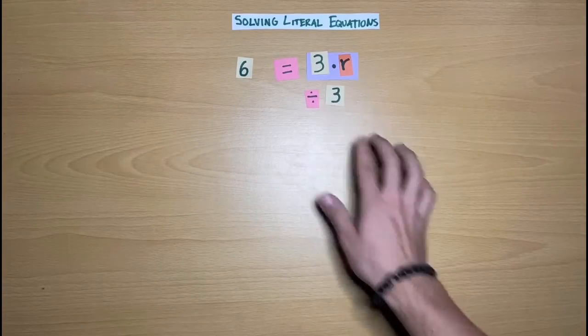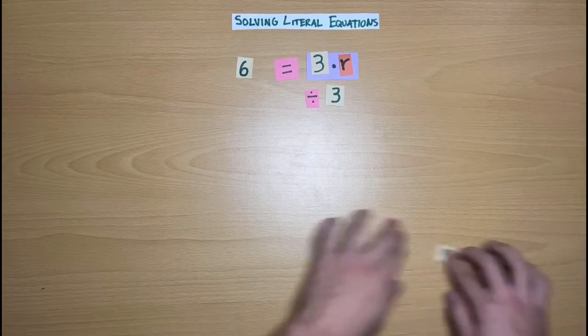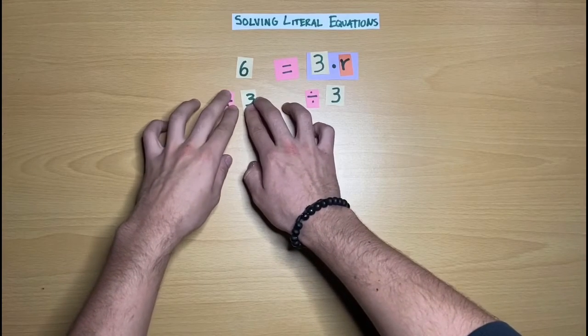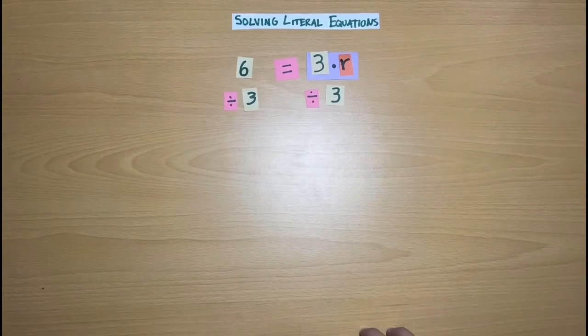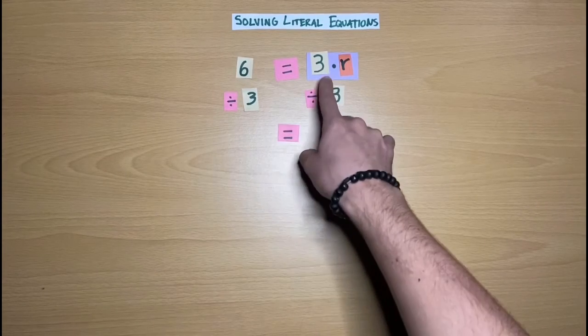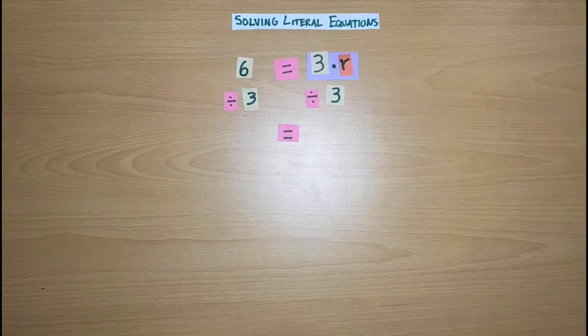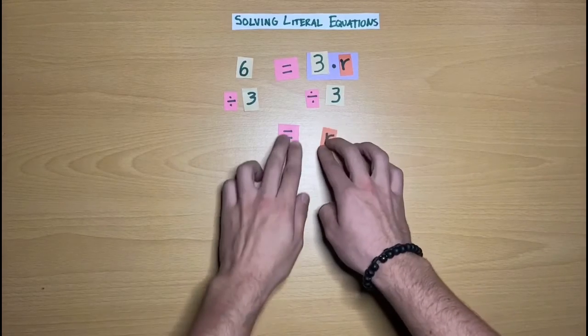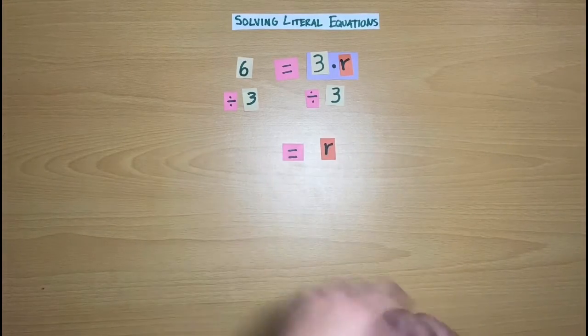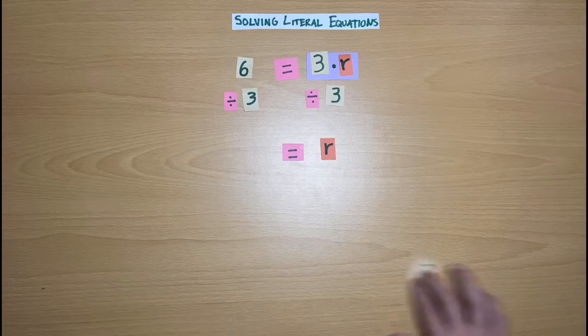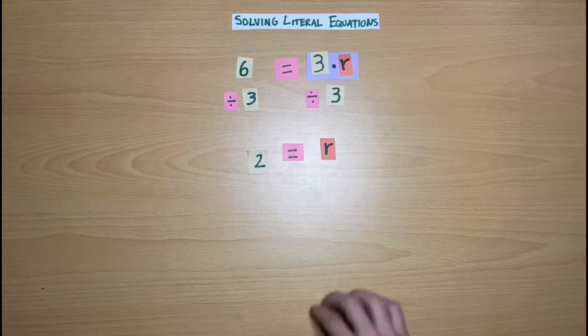So if we divide off the 3 here, we must divide it on the other side as well. And then now, once we do 3 divided by 3, we would get 1r, or just r. And on the left side, 6 divided by 3 is simply 2.